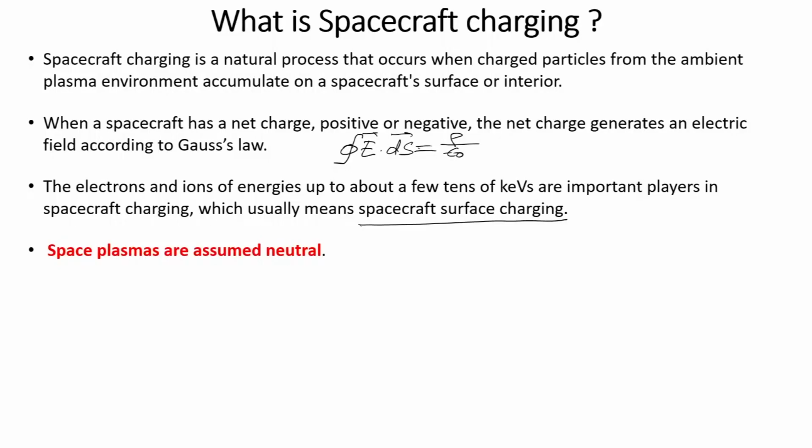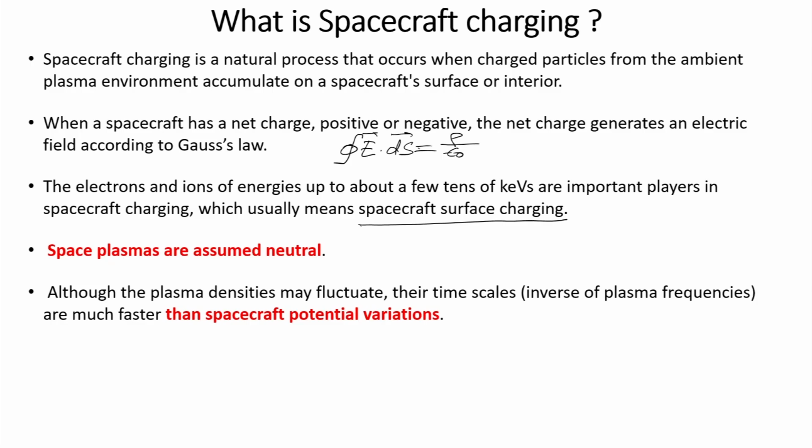So, as we said when discussing the plasma properties, the plasma as a whole is collectively neutral, and the plasma densities will fluctuate, because they are very much temporal and depend on the solar wind condition or the space weather, whether it is the ionospheric charge density or the particle density in the orbits.